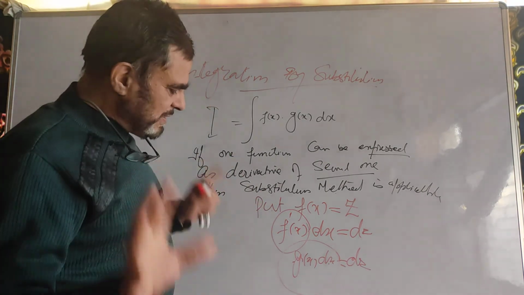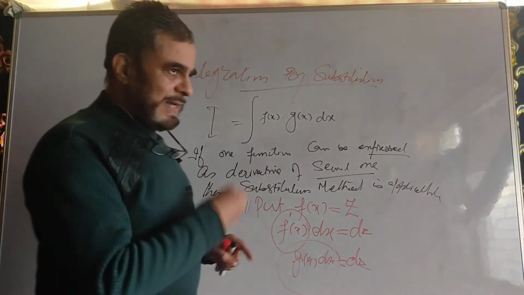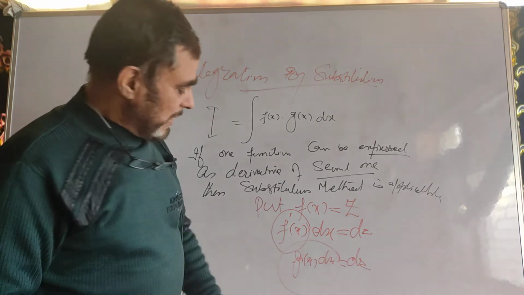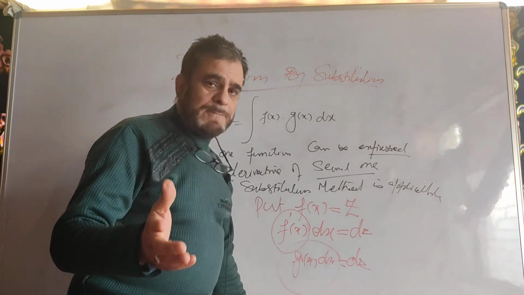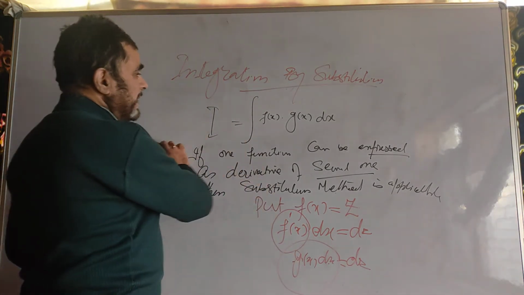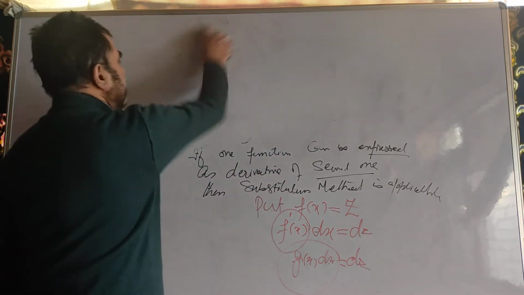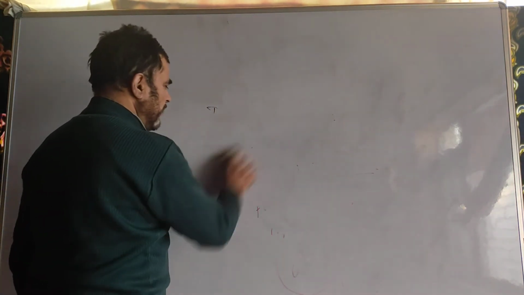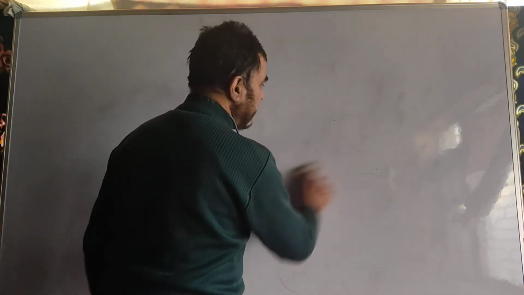Very simple. You did it in your class 12th, and I am giving you a review of how you apply it. Let me take some problems on this substitution method so that this is clear to you. There are some integral questions which look very difficult to solve, but by the substitution method we can crack the integrals in a very easy form.